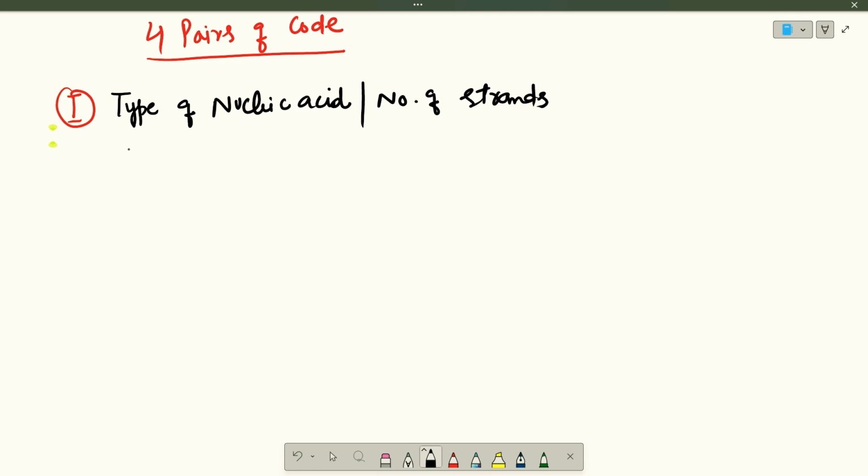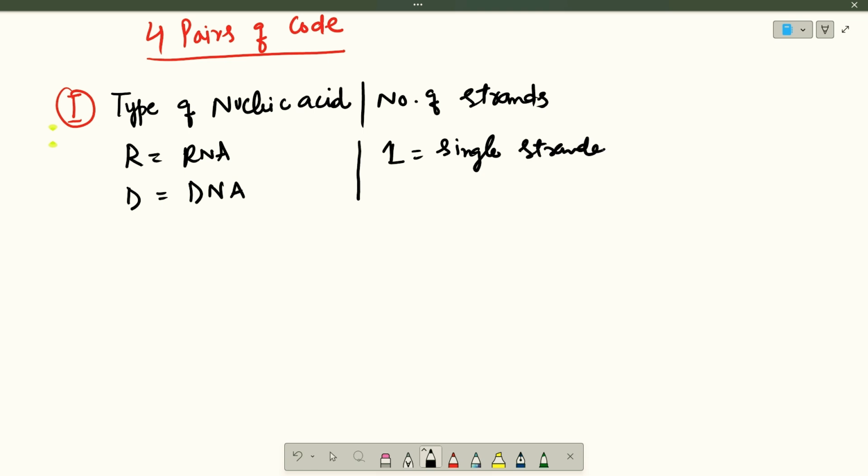If the code is R, we say the type of nucleic acid is RNA, and if it is D, we say the type of nucleic acid is DNA. In case of number of strands, if it is 1, we say the nucleic acid is single stranded, and if it is 2, we say the nucleic acid is double stranded.